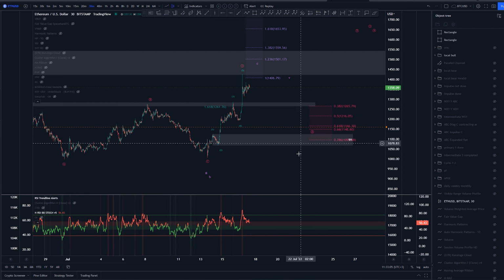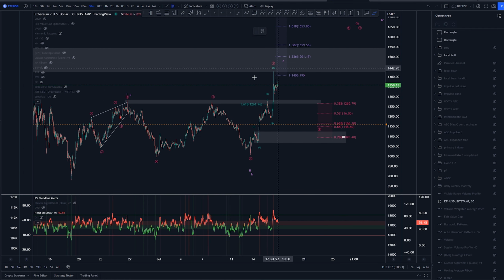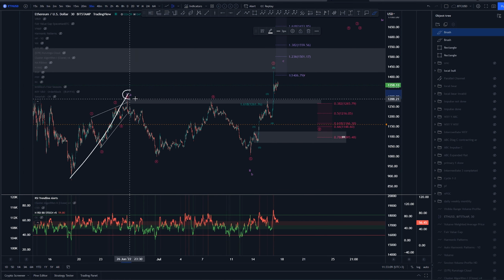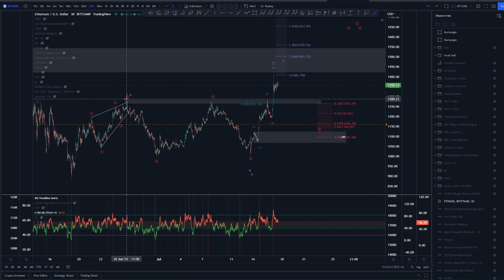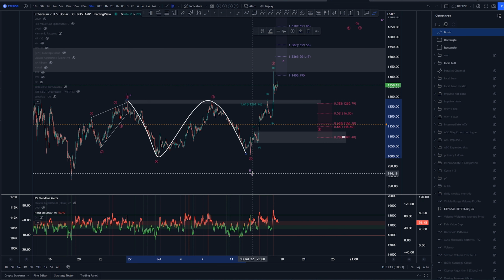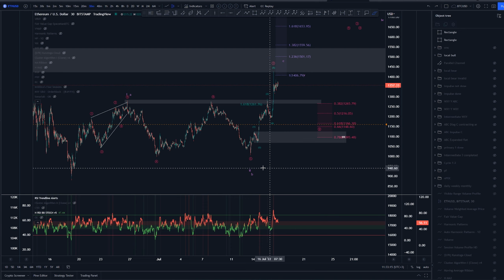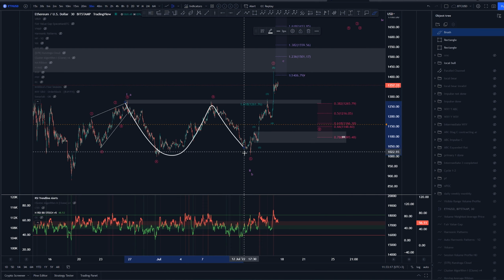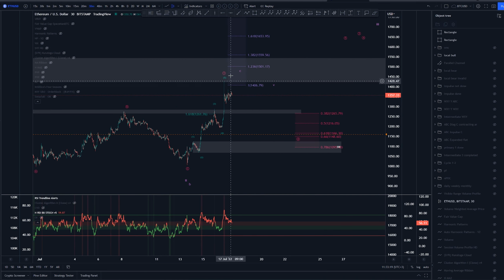Now the bullish scenario, in which we would have this as a wave 1 or wave A, and then A, B, C, same as we had on the bearish one, so a connector wave in the middle, and then we would have this structure here as a 5-wave move.